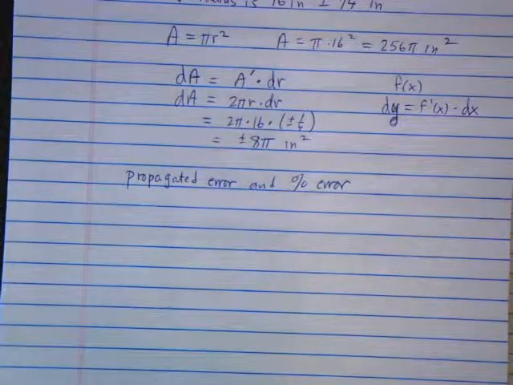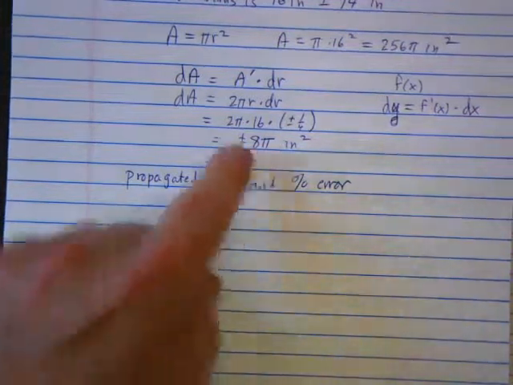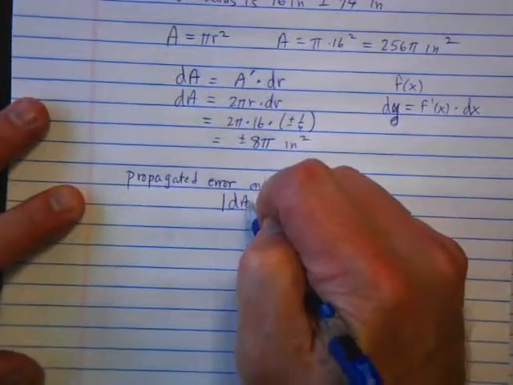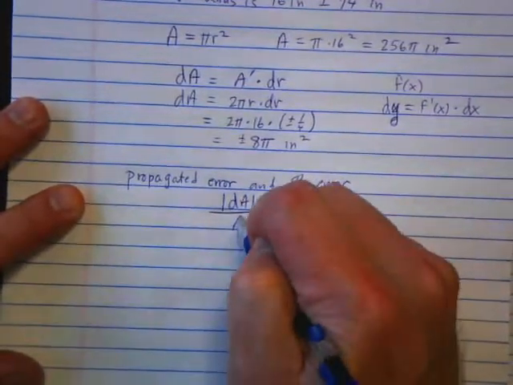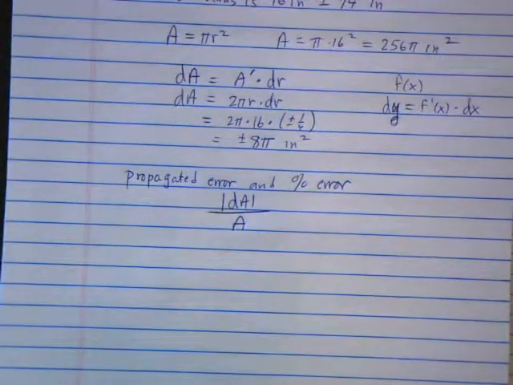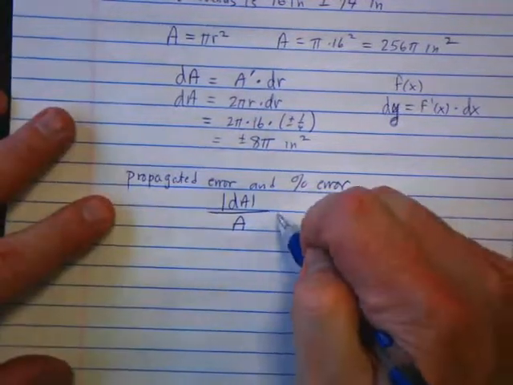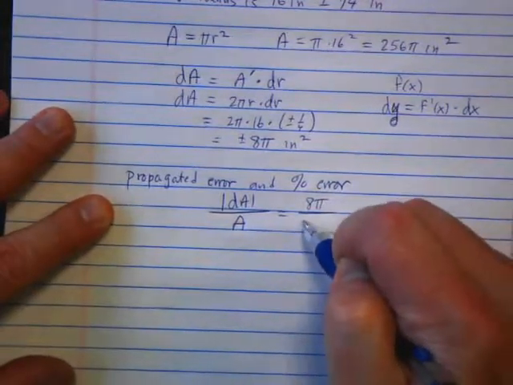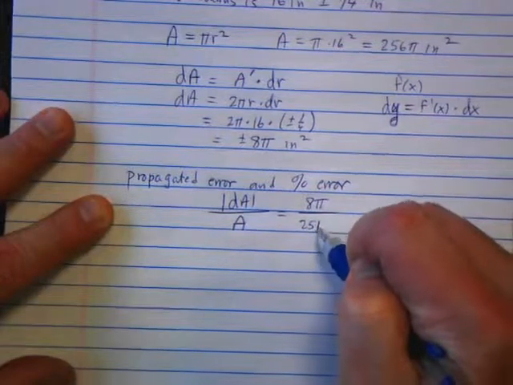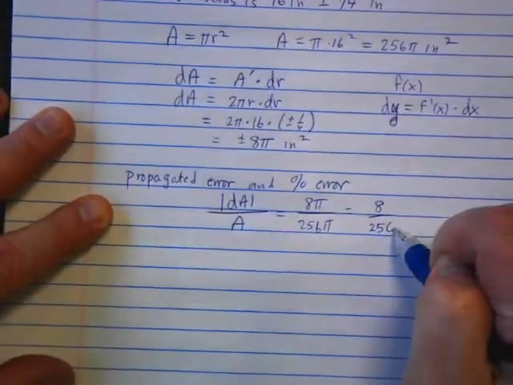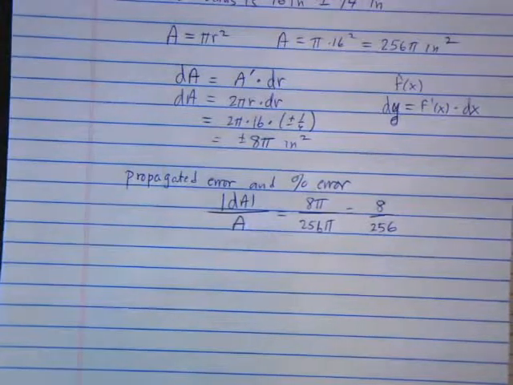To find the propagated error, it's the absolute value of dA divided by what the actual answer should be. So in this case, it's 8 pi divided by 256 pi. So it's 8 over 256.